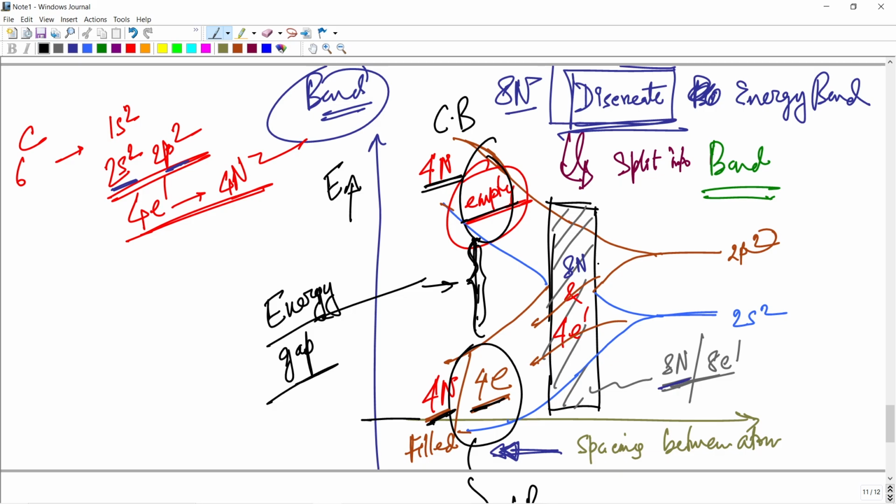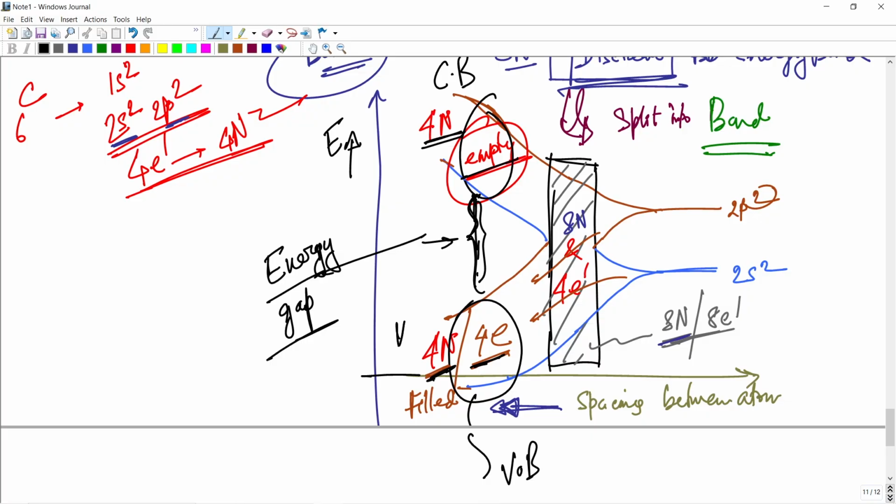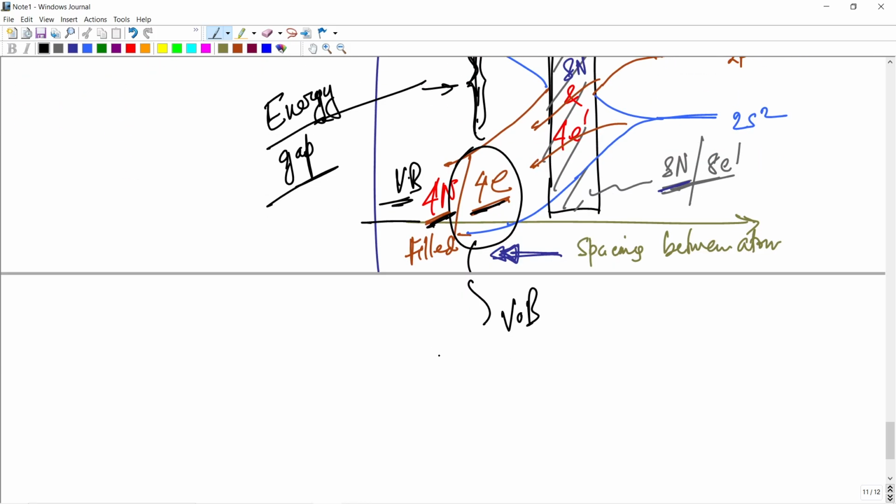These 4 electrons are filled, so that band is called the valence band. These are actually the bands, the continuum of discrete levels.